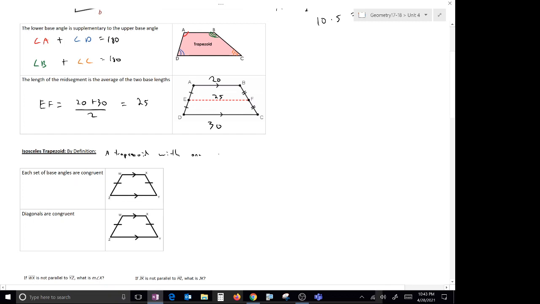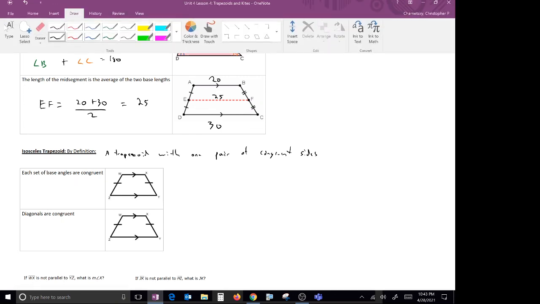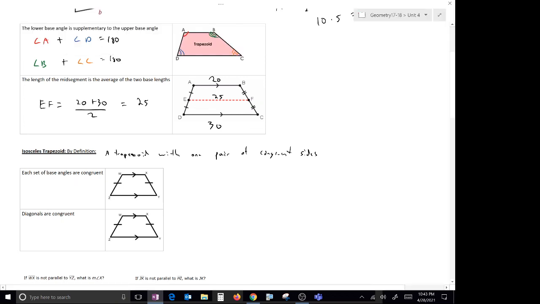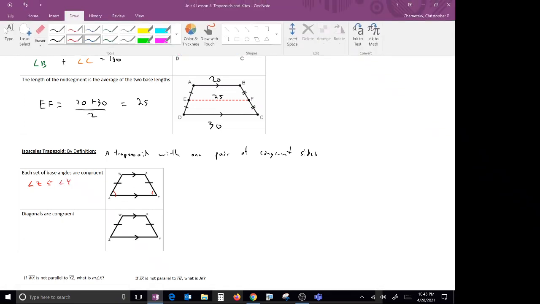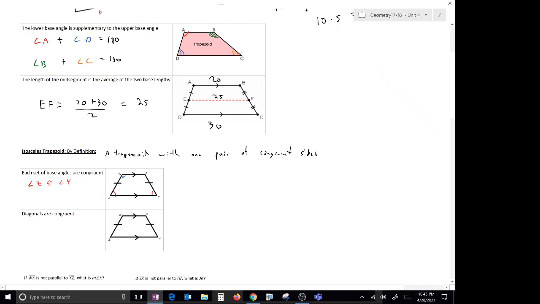One pair of congruent sides. In an isosceles trapezoid, each set of base angles are congruent, so this one angle Z is congruent to angle Y, but also at the top there, angle W would be congruent to angle X.